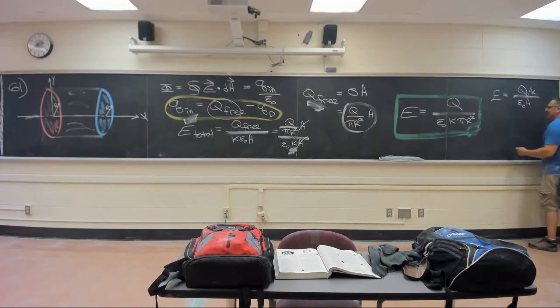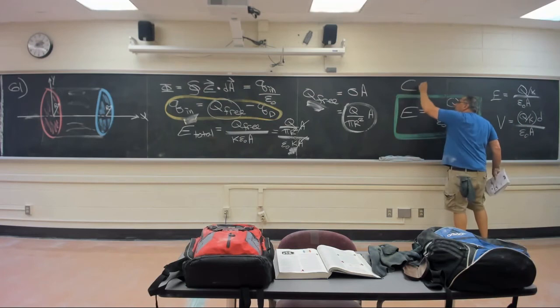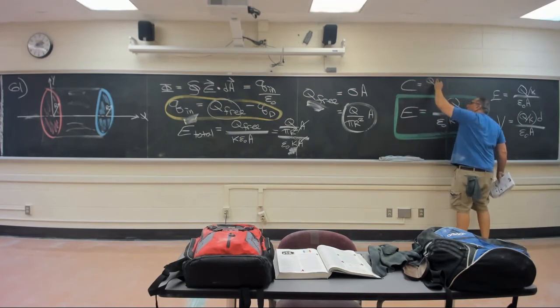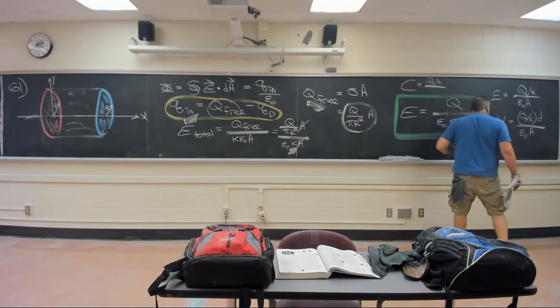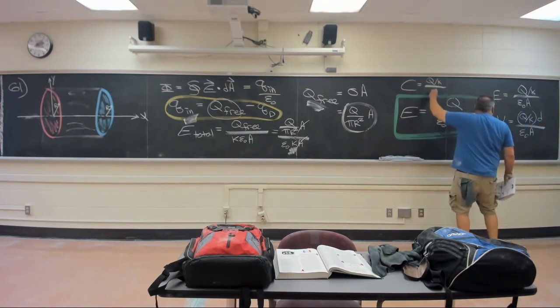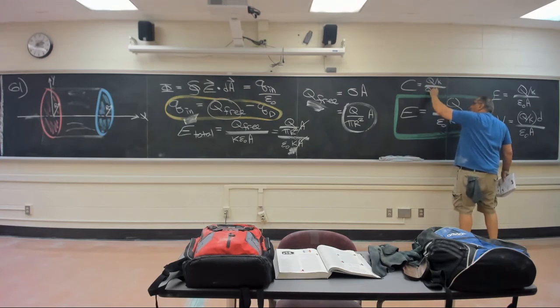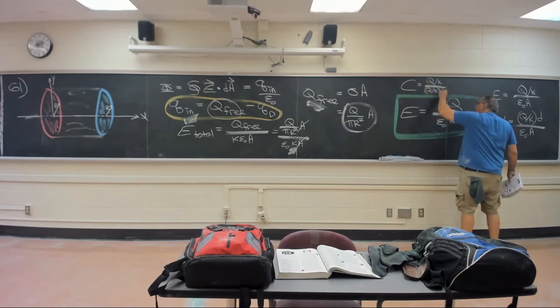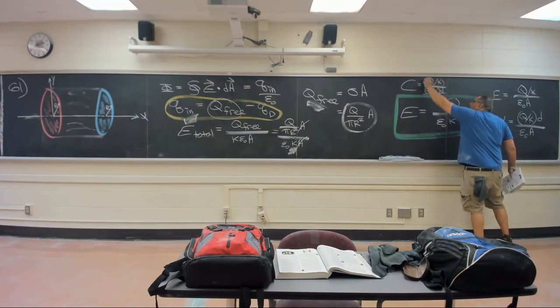If you multiply by D on each side, you got Q over kappa. The capacitance is Q over kappa D over epsilon naught A. Well, that's gone.